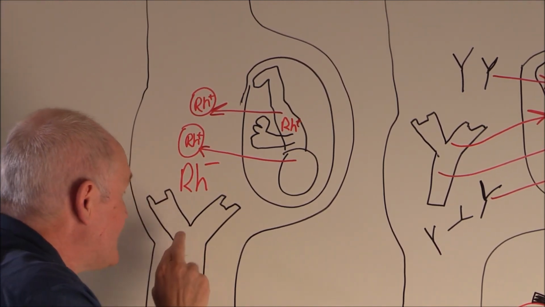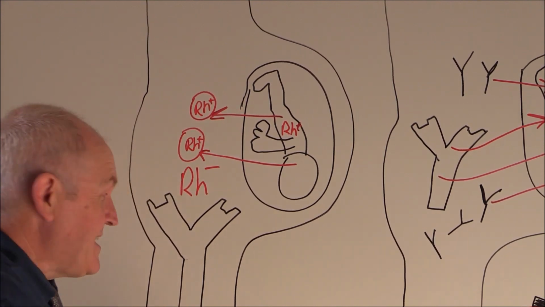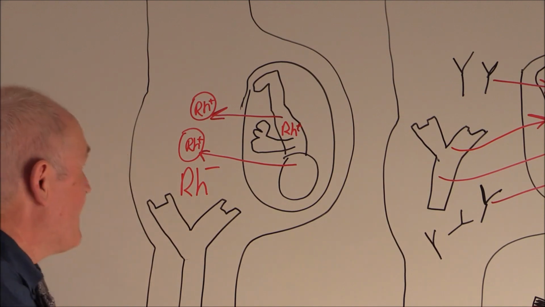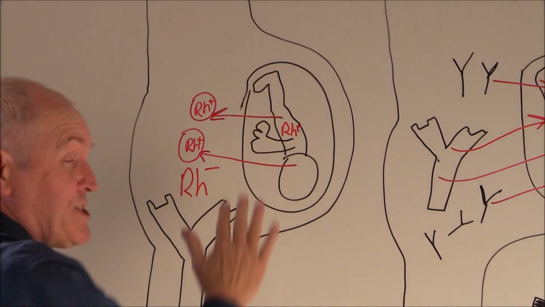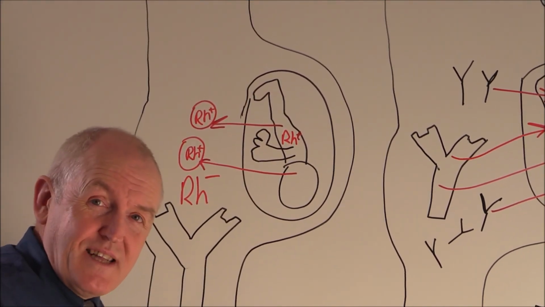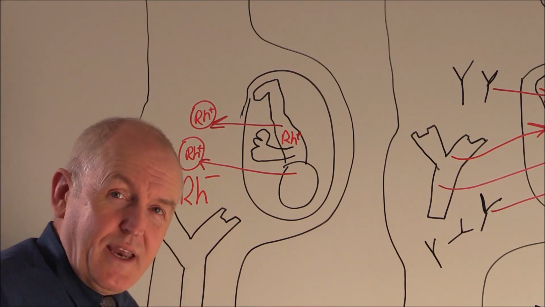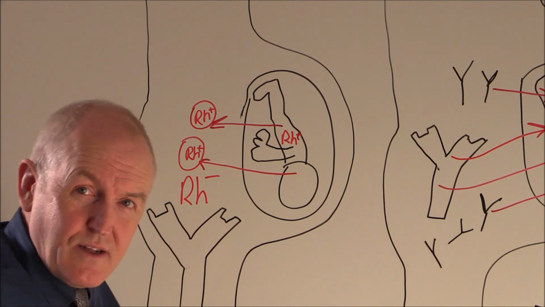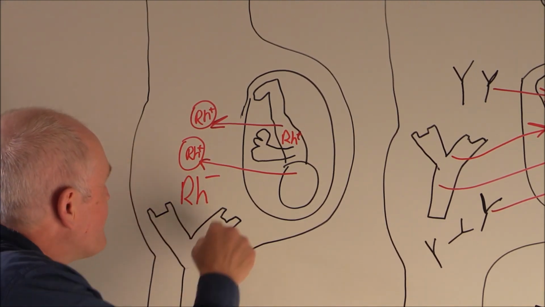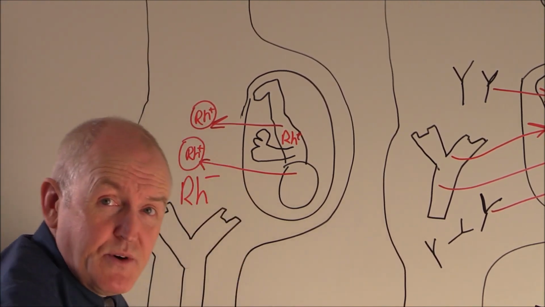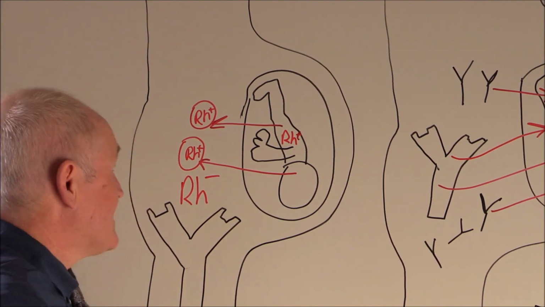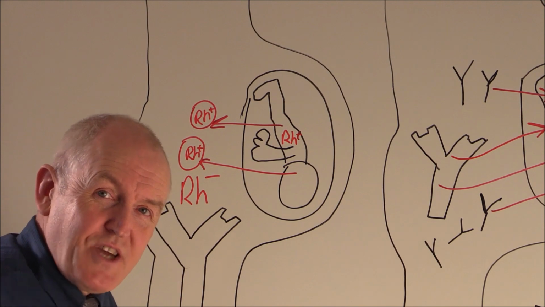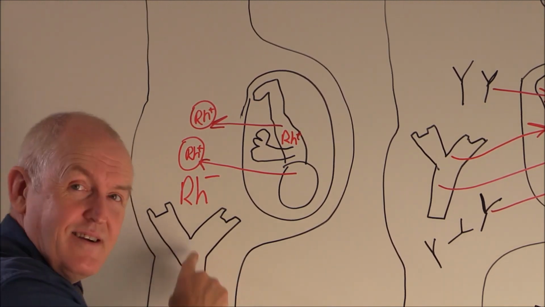So by giving the anti-D, we're giving these anti-rhesus or anti-D immunoglobulins. That's mopping up, a bit like a sponge, all of the fetal red cells, getting rid of them very quickly, probably within hours. It'll collect all of these fetal red cells and break them down. And that means that the time that the mother is exposed to the rhesus factor antigen is very short, and she will not have time to produce her own antibodies.